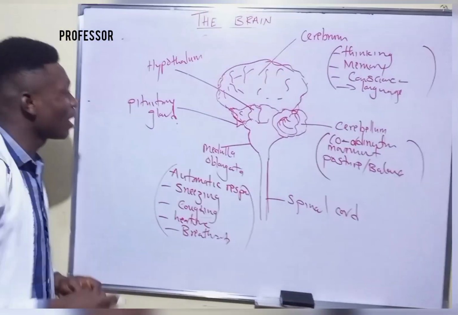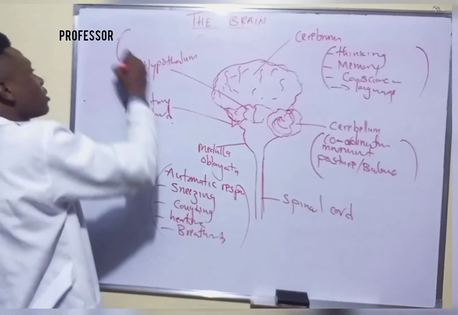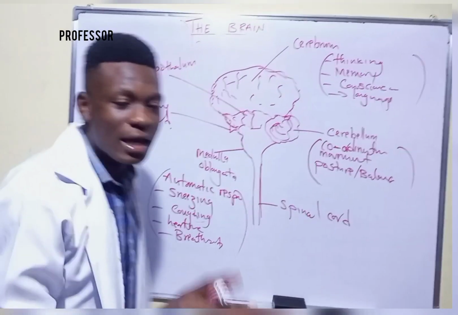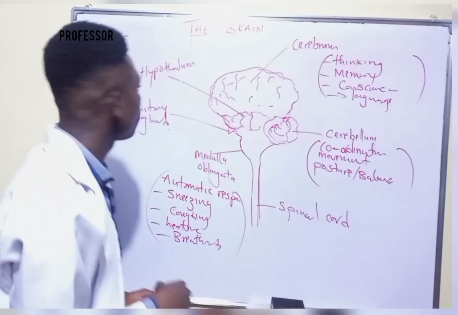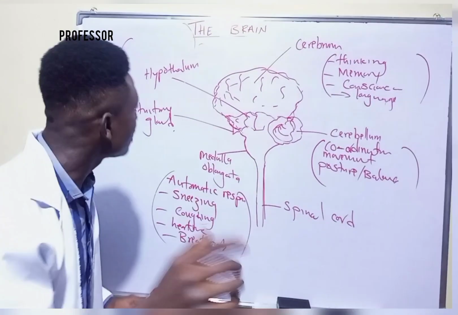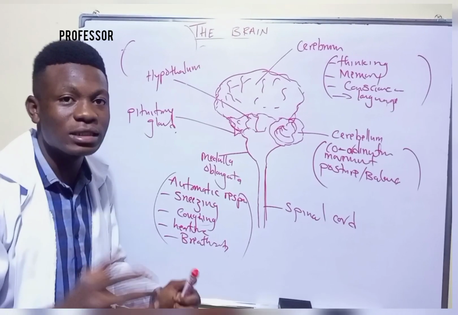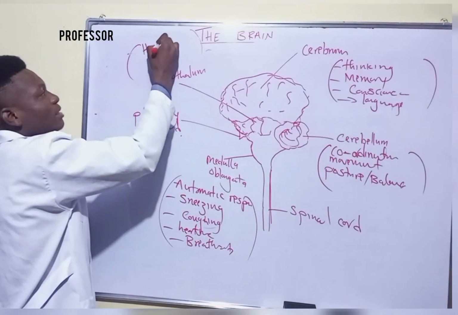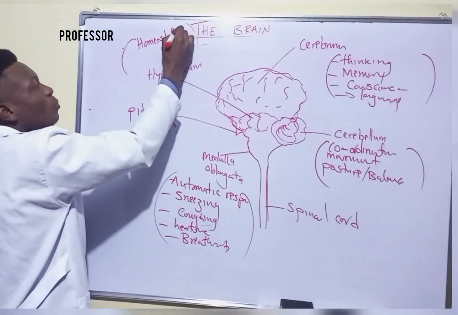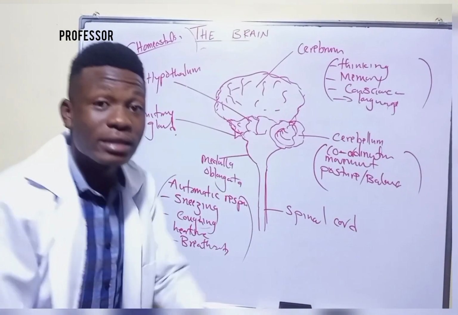Let's go to the hypothalamus. The hypothalamus is the part of the brain that helps in the regulation of body temperature. It is also referred to as the center of homeostasis.